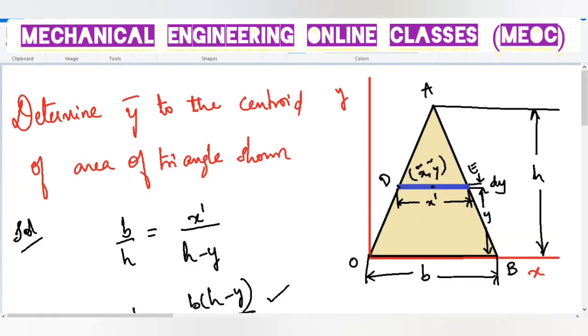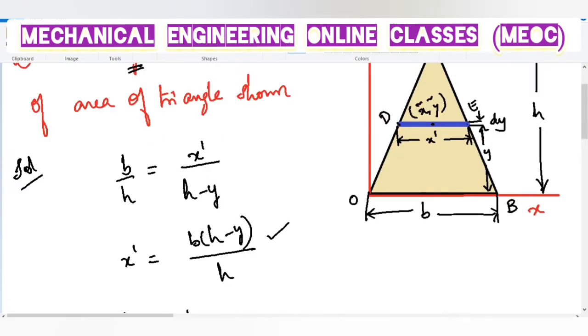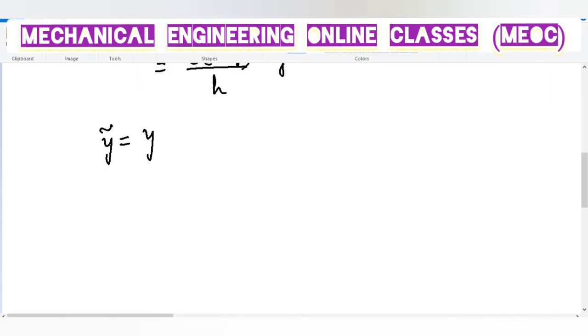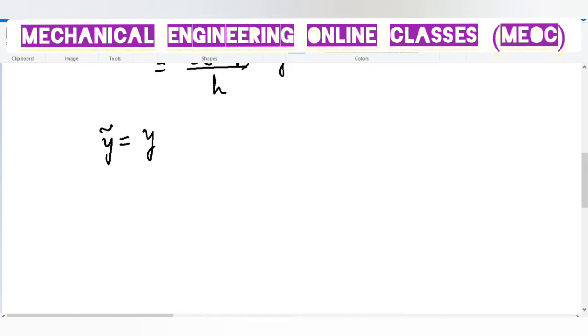In the question, we are asked to find y bar of the centroid of this triangular area AOB. So y tilde of the differential strip is y. This particular black point is at distance y from the x axis. Let us find y bar from the formula integral y tilde dA divided by integral dA.